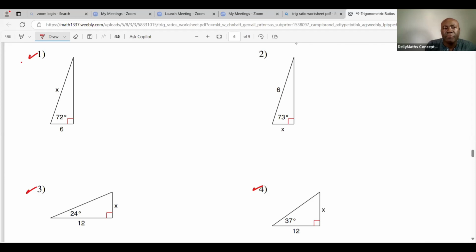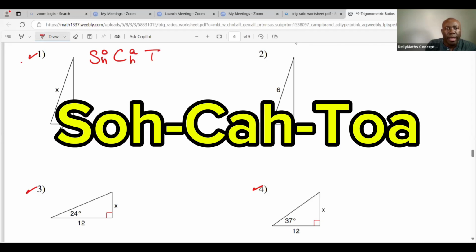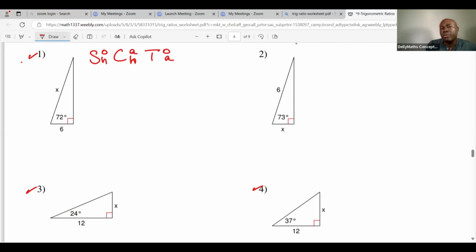We're going to be using Soh Cah Toa to help us decide what ratio we're going to use to solve the problem.